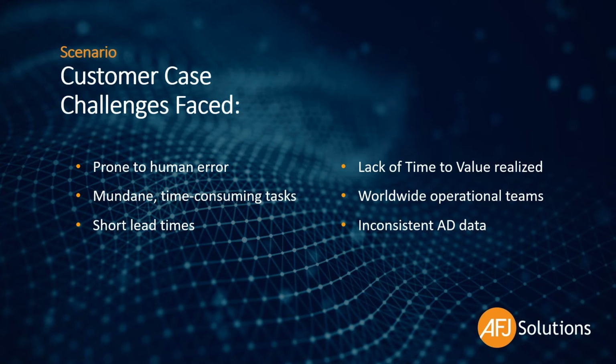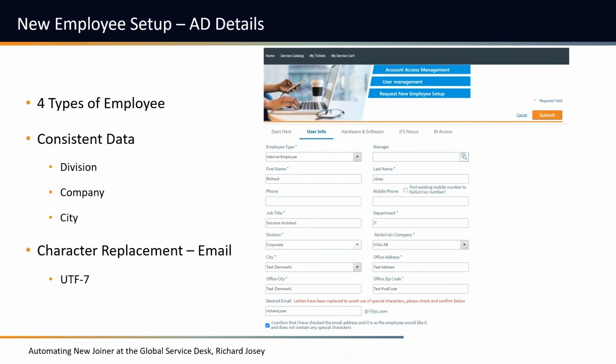Before I get onto that, I'm going to go into what we did. What we've got here is a screenshot of the user info section on the portal. This is when someone is logging, I have a new employee joining my team, or HR doing this activity.